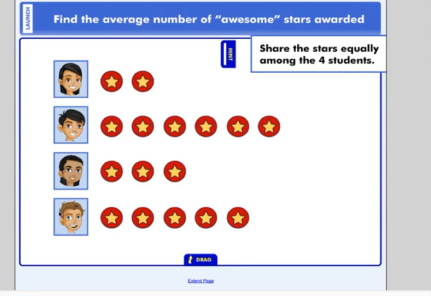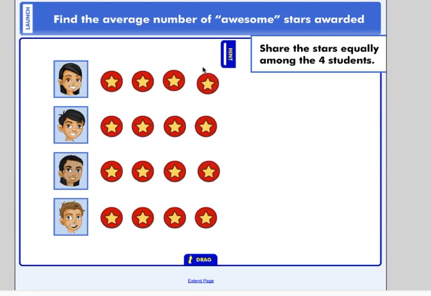So here are 4 kids, and they each had this number of awesome stars. But we want to find the average stars. So if you think about that, it's like evening out, taking from some who have more and sharing it with others who have less. If I even out all of these stars, I can see that the average number of stars was 4 per kid.